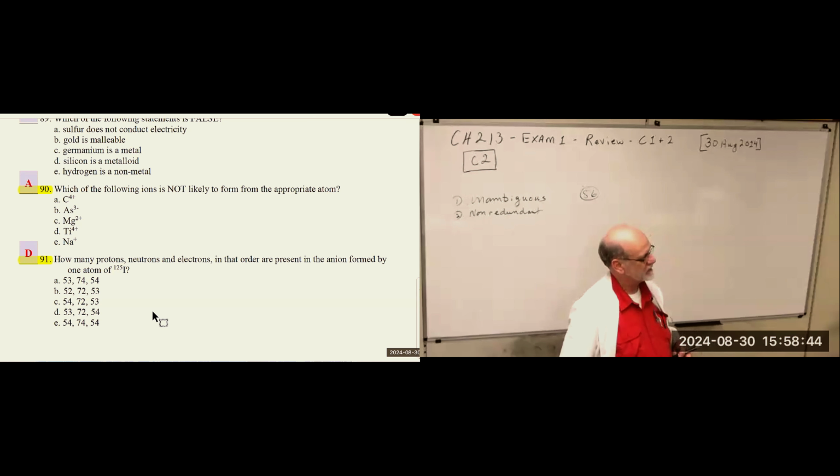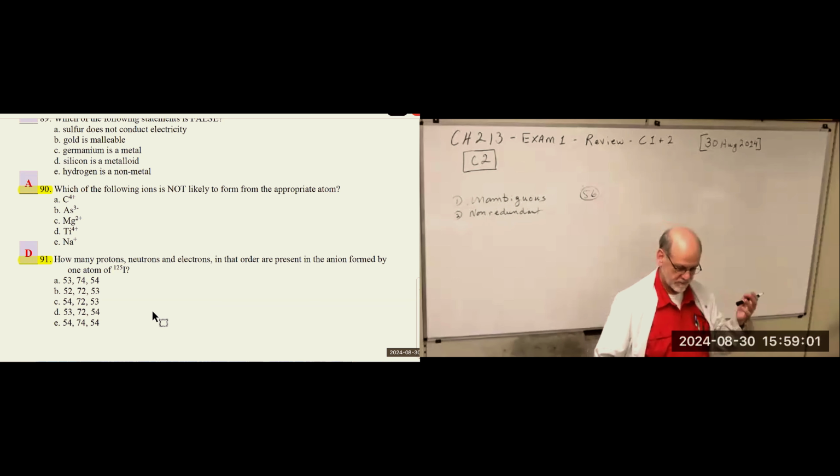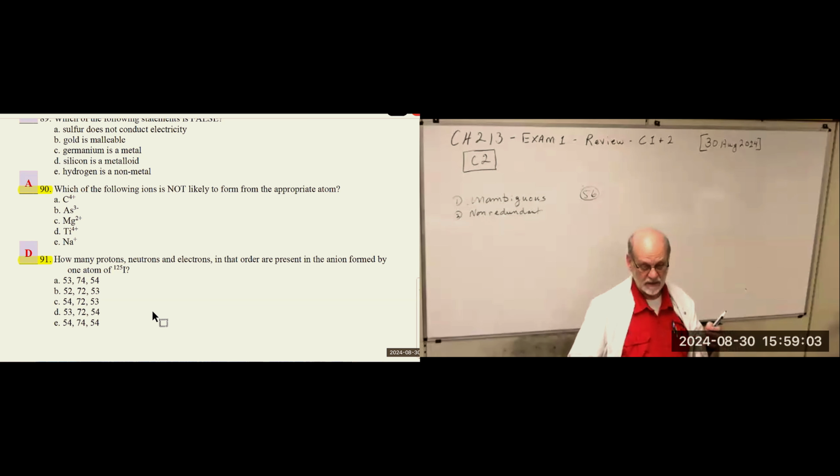Arsenic 3-. It's in the nitrogen, the pnictogen family, and those in ionic compounds are always 3-. In covalent compounds, in compounds that are non-metal, they don't have a charge. So they can only be charged when they're combined with metals.